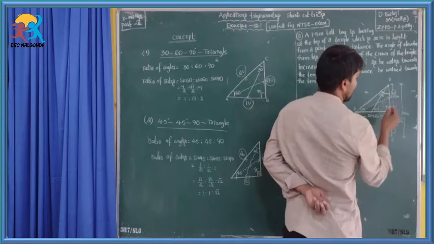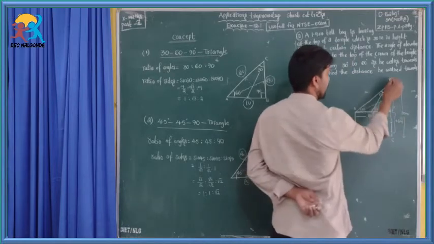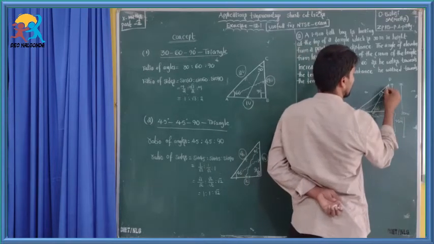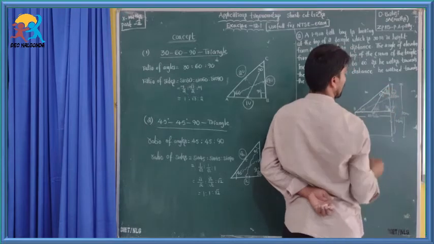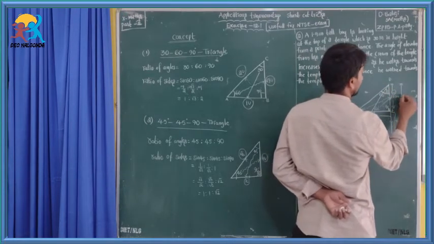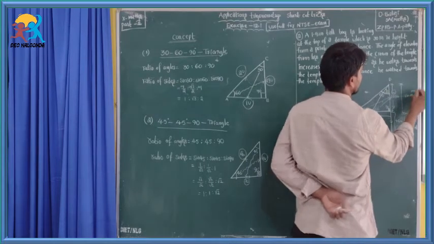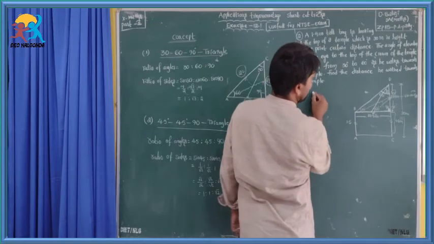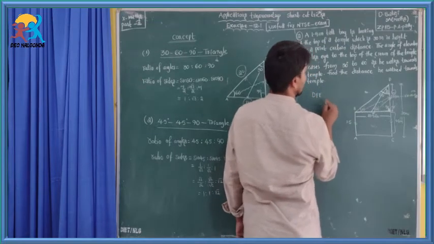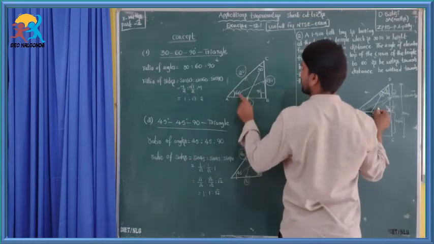Now in triangle DFE, this is 60, now this is 30. In triangle DFE, the 60 degree opposite side is 28.5, and the 60 degree opposite side in units is root 3.